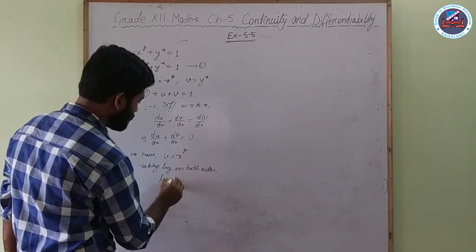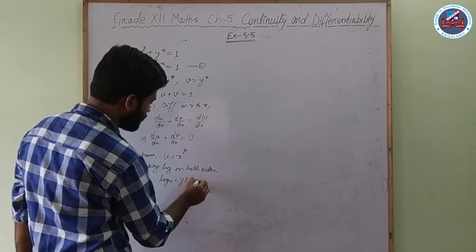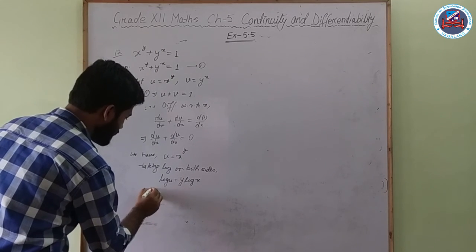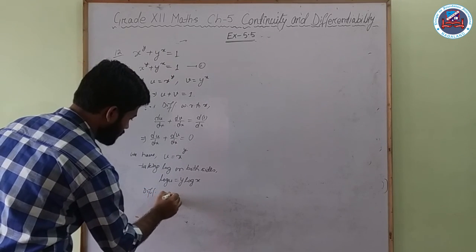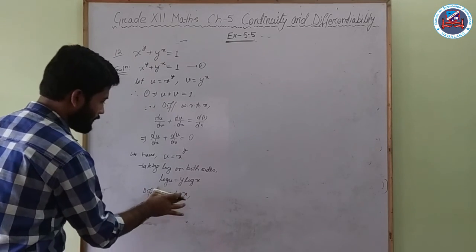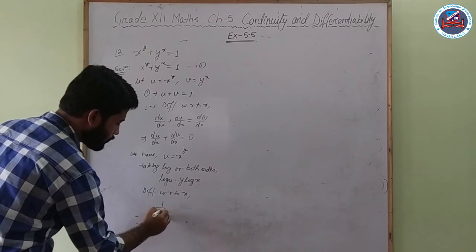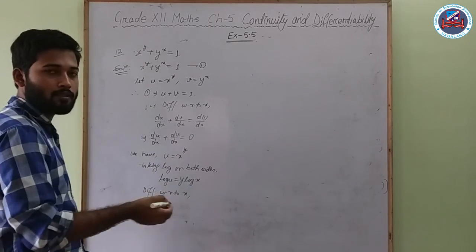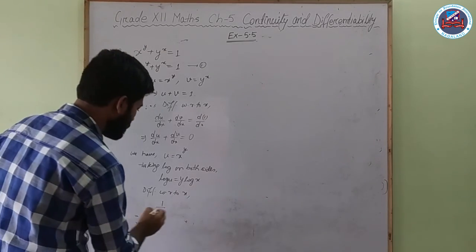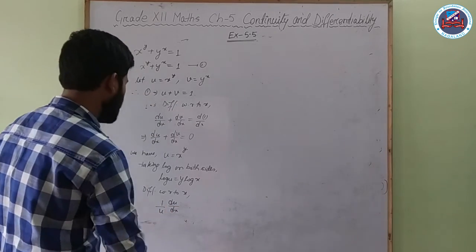We shall have log of u is equal to the y will come down, y log x, fine, and differentiating with respect to x, if I differentiate the whole thing with respect to x, then log of u will be 1 by u, because we know that ddx of log x is 1 by x, but this u is not x, isn't it? It's a function of x. So we need to write ddx of u.